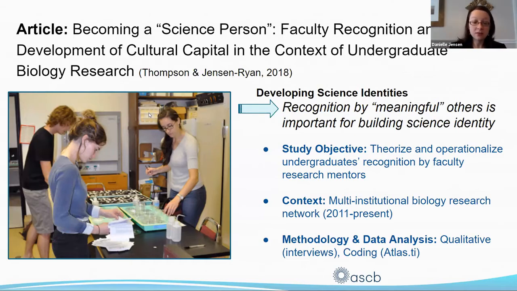Well, it's first off an internal sense of oneself as a scientist or a science person, or it's a recognition of yourself by a meaningful other. So this could be a faculty member, a mentor, a peer. And why this is important is because it's a good predictor of whether or not you'll actually persist in STEM if you develop this science identity, particularly for students.